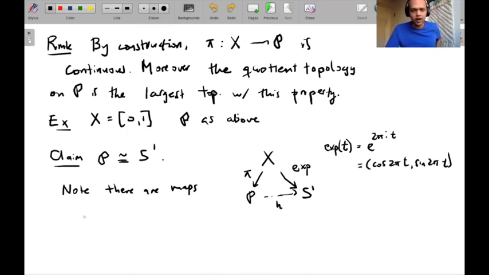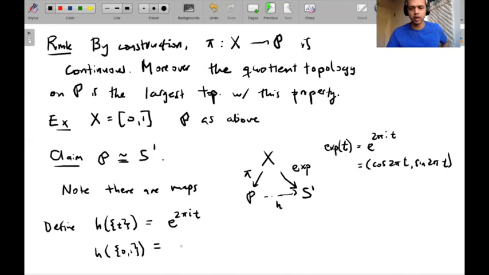And in fact, it's not so hard to see how to define H. We define H of a singleton t to be the point e to the 2 pi i t, and then H of the set {0,1} to be 1.